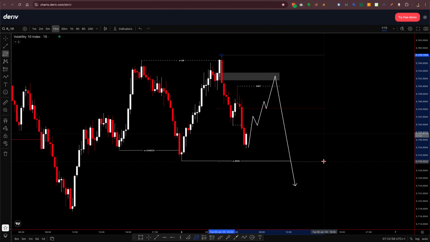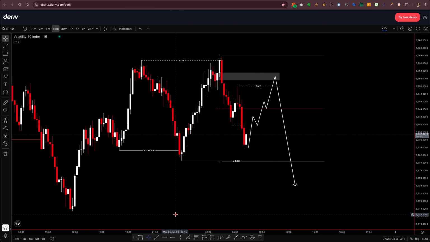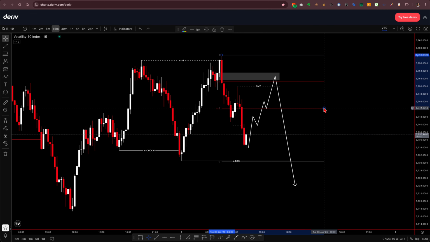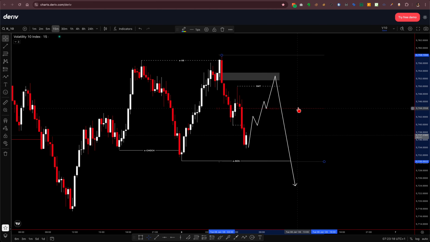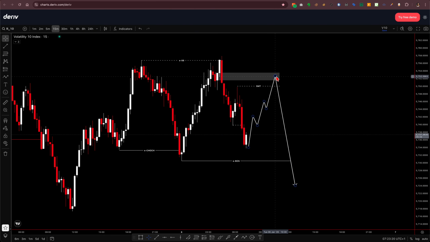Let's just draw it to this level right here. You see that this trade I'm going to take is not just in the premium, it's in deep premium, as a matter of fact. If I divide that into two, you see it's in deep premium, right? So this is what you call deep premium. For me, I still consider that a good place to take a trade from.